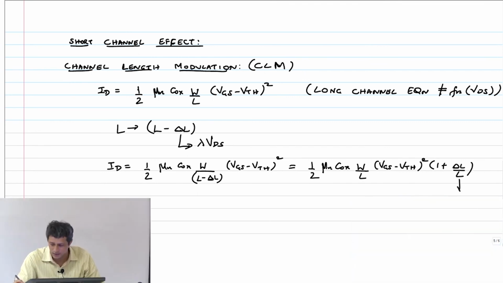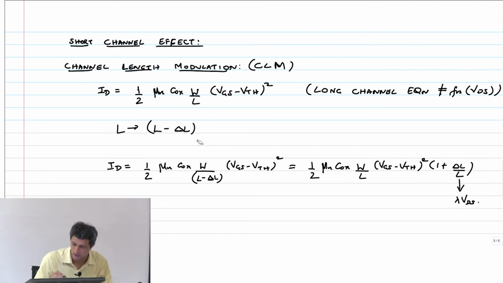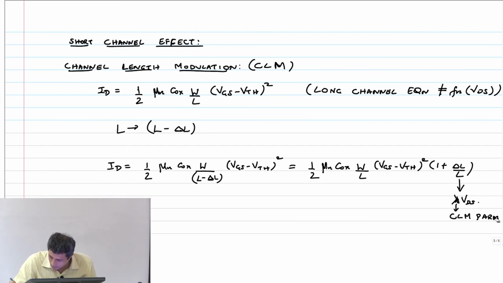So this is what we are going to say is lambda VDS, okay, not just the delta L. So let me remove this to avoid any confusion. Okay, this lambda is called the CLM parameter, channel length modulation parameter.